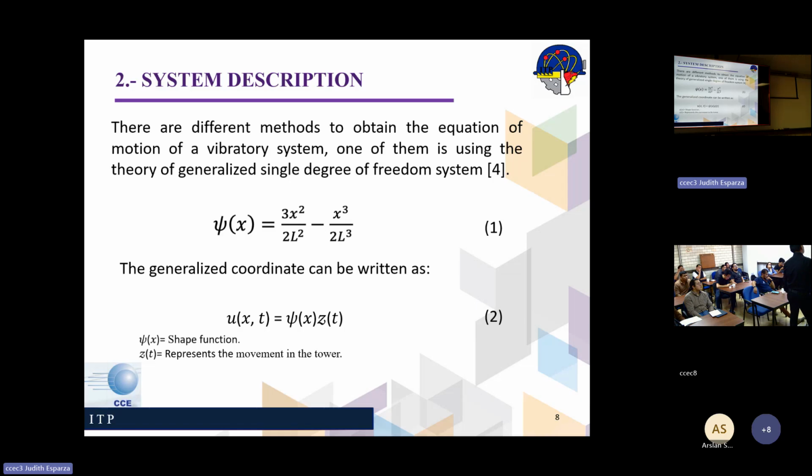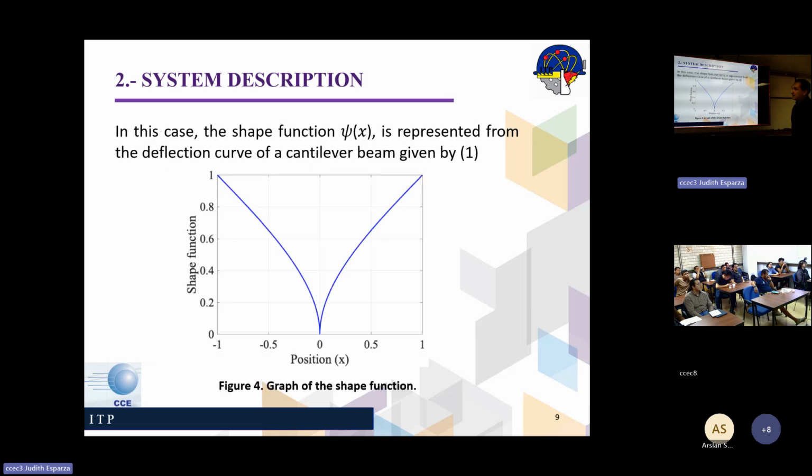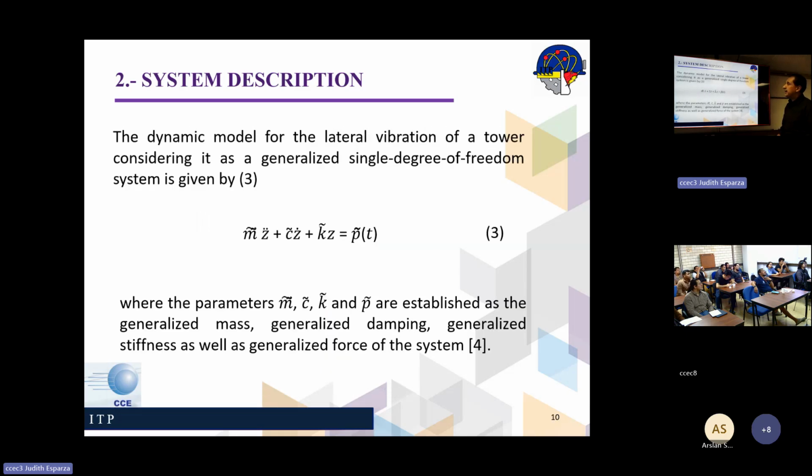When we use this method, we need this expression, which is the shape function. This function is specific to tower systems.